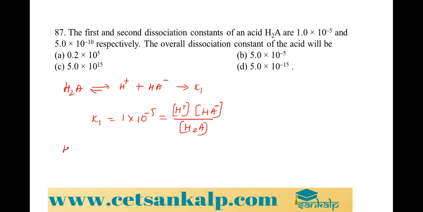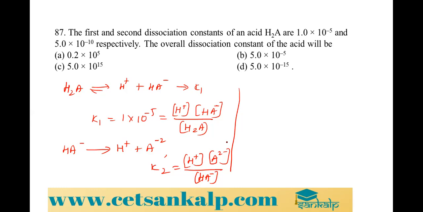Then the second dissociation, HA minus giving rise to H plus A2 minus. For this, K2 is given as H plus concentration into A2 minus concentration divided by HA minus concentration. So we know that one. K is equal to complete reaction H plus whole square into A2 minus divided by H2A concentration.